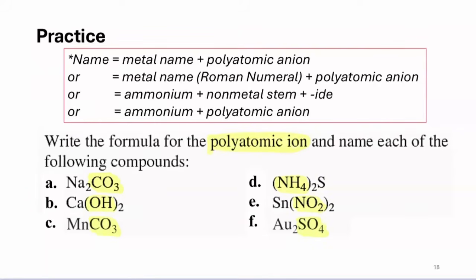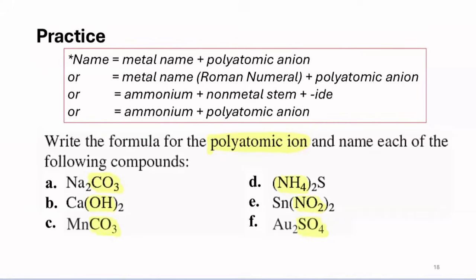Now that I have identified them, I need to recognize that when it comes from chemical formula to name, I need to remember all the rules that I learned previously for naming metals with one charge, metals with multiple charges, and now additionally, for some of these, the non-metal stem followed by IDE and the name of polyatomic ions.